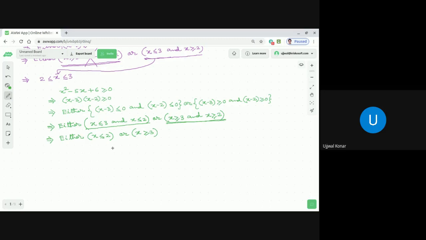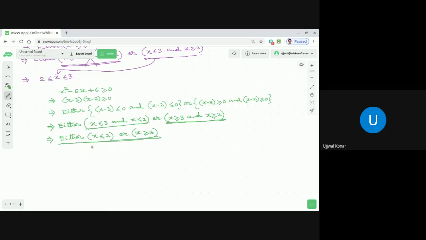So that is a very interesting thing. What we get is that either x is less than or equal to 2 or x is greater than or equal to 3.